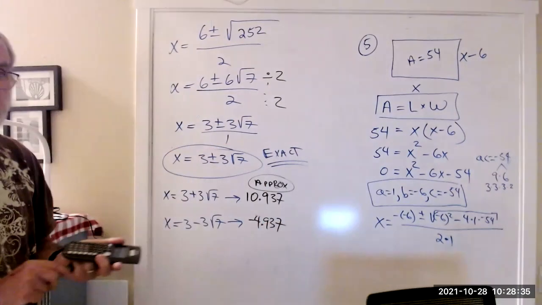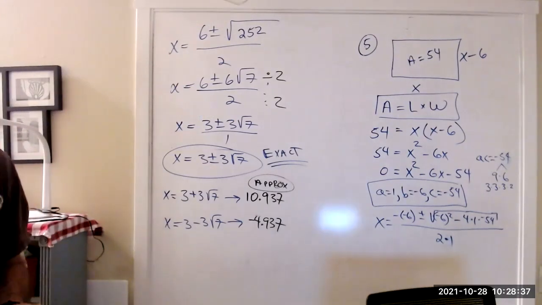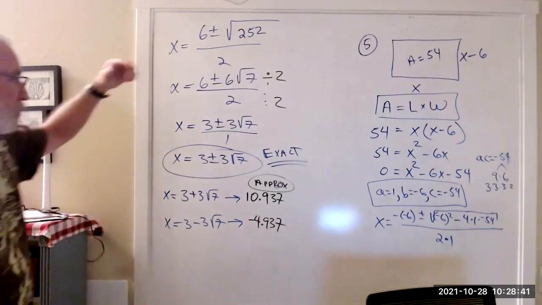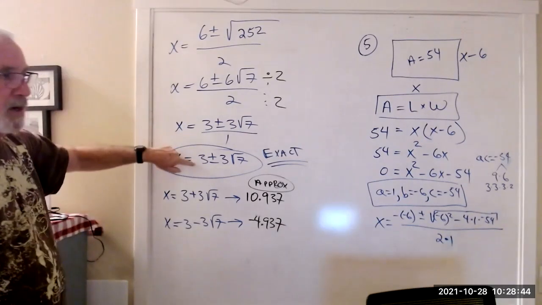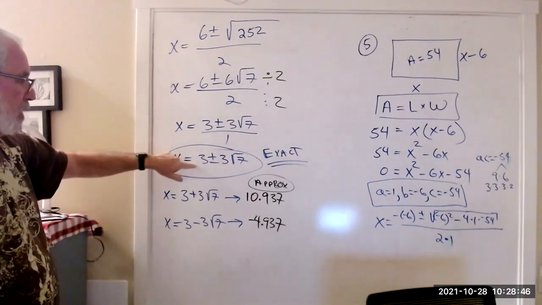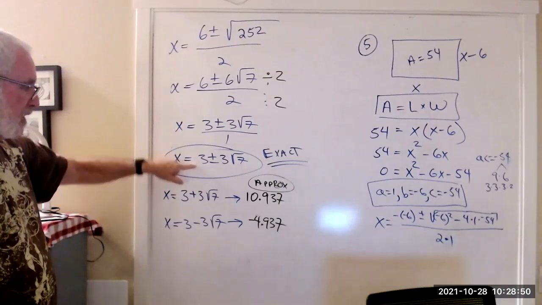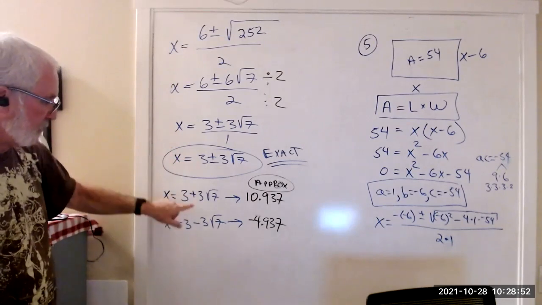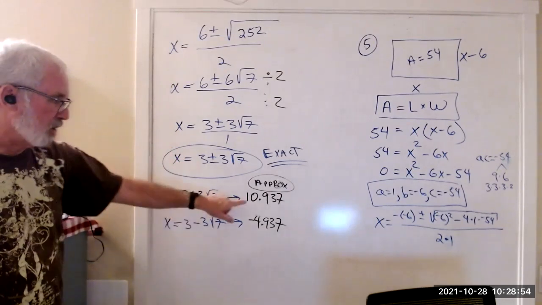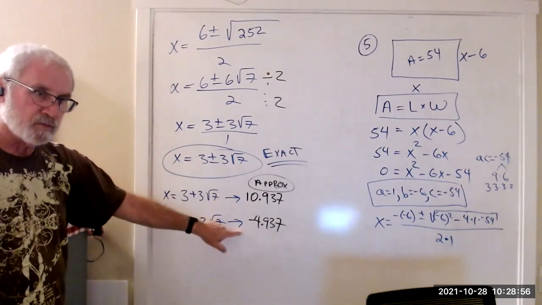So did you guys get that answer? First off, do you accept my algebra here in getting 3 plus or minus 3 root 7? And then using my FD key or my approximation keys, did you get those two?